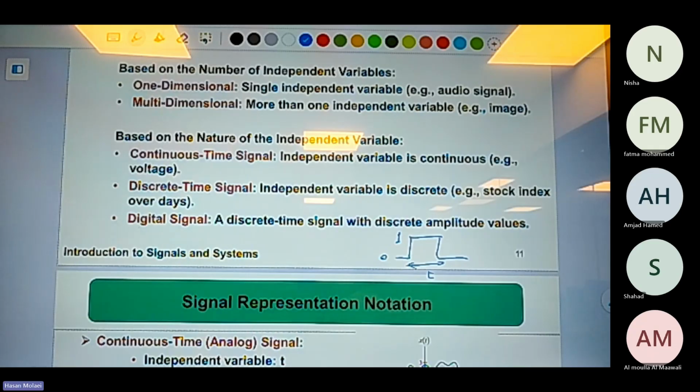How do we go from continuous to discrete? So, sampling. We can sample and we will have discrete time. Now, if we have n here, 1, 2, 3, we cannot have n equal to 1.5. It should be only a discrete value, like a stack index. Over days, you have day 1, day 2, you never have day 1.5.